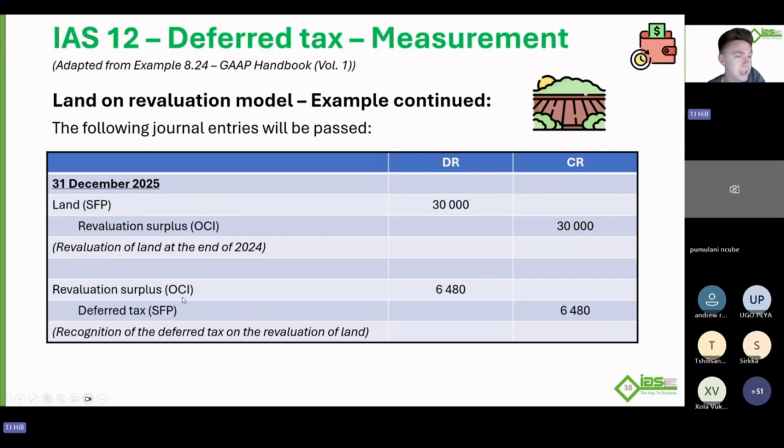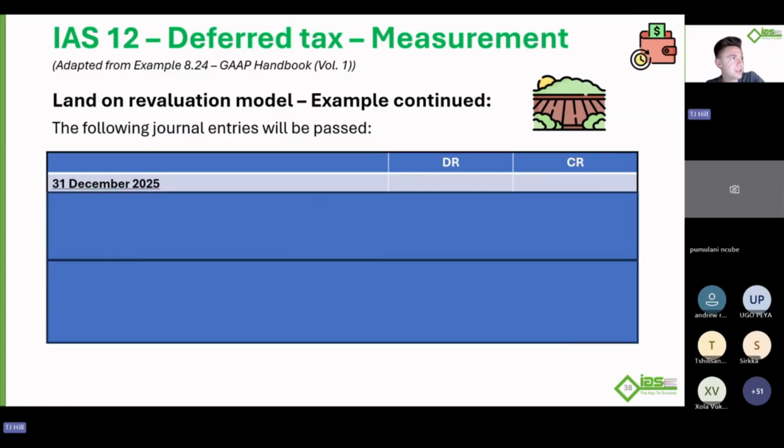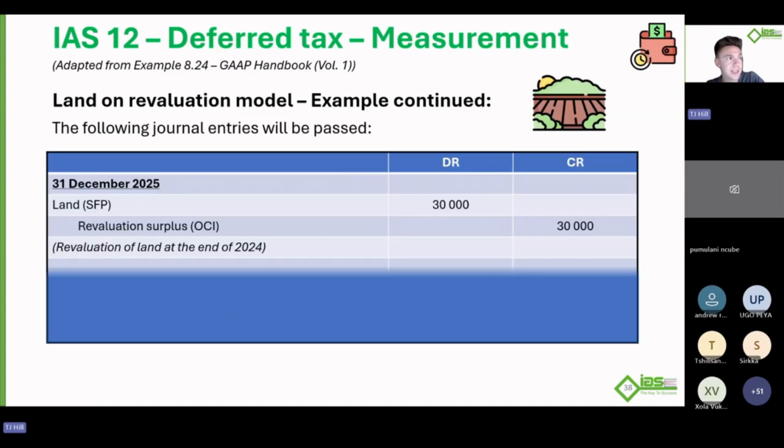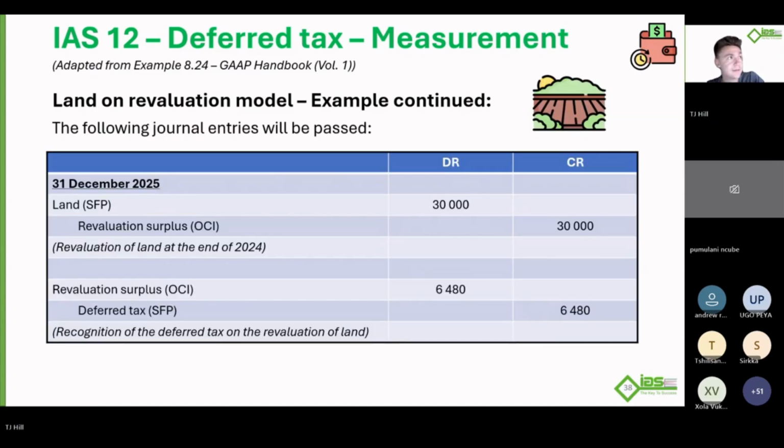So I can't debit P&L income tax expense. I must debit OCI, to the revaluation surplus. So I reduce it by the tax that I've just calculated, the deferred tax, in fact. Happy with this here? This example specifically.